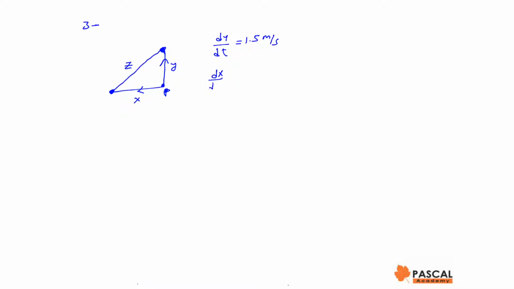Similarly, dx/dt is 2 meters per second. And if we assume at time t the distance between them is z, z² is x² plus y².